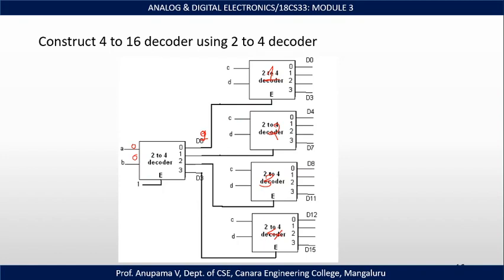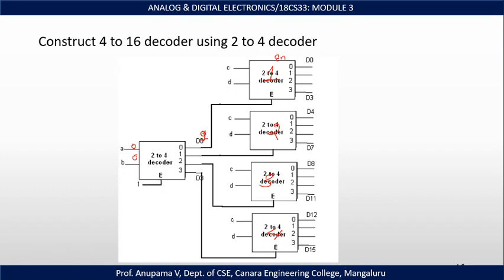Then decoder 1 is enabled. This decoder will be enabled. All other decoders will be disabled, that is D4 to D15 are set to 0. Now, depending on the CD value, the output of the first decoder is decided. Similarly, when A is 0, B is 1, D1 is activated, that is decoder 2 is enabled, and all the remaining decoders will be disabled.